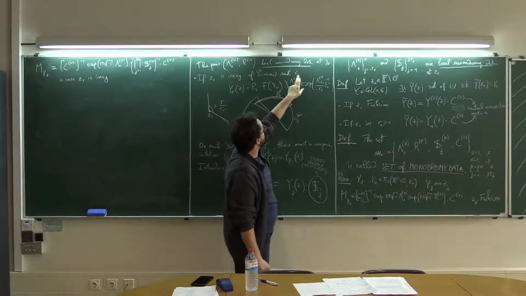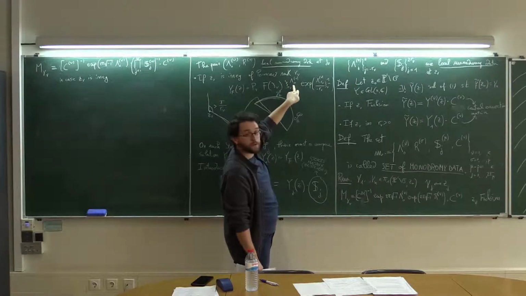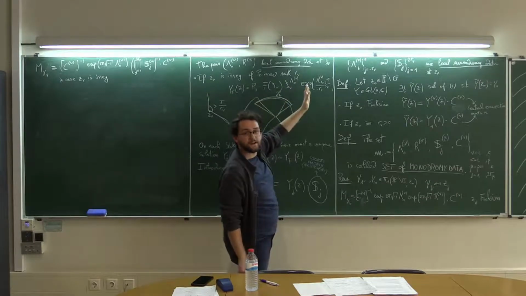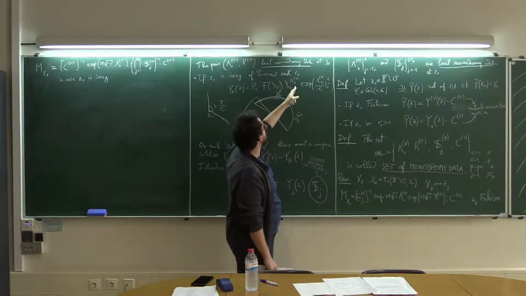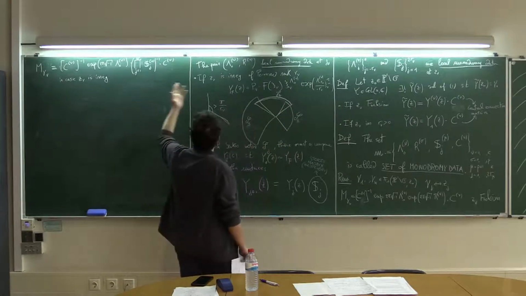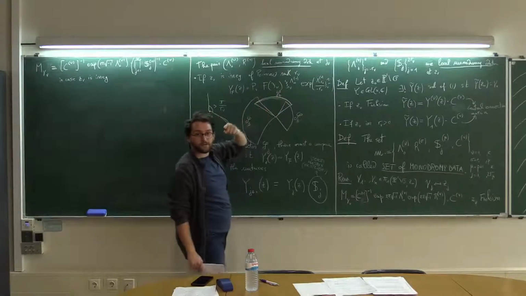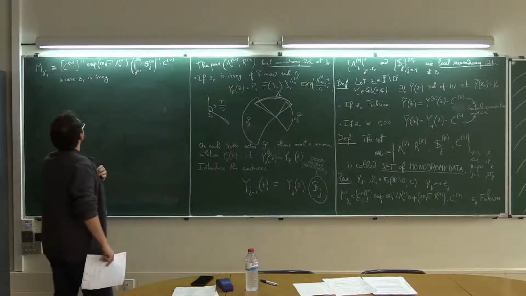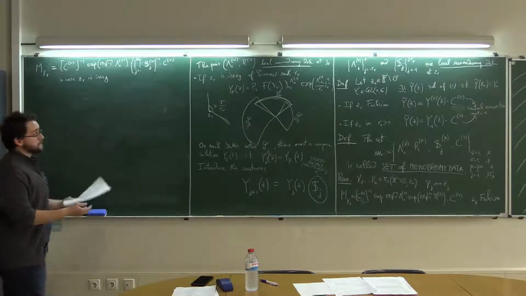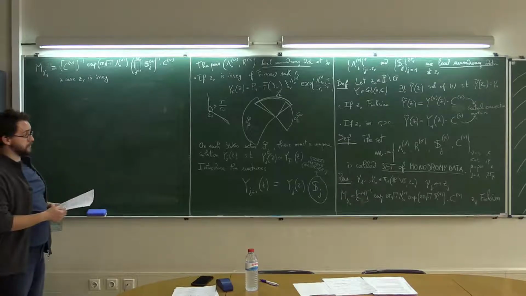These matrices are called formal monodromy exponents because they are the contribution to the monodromy coming directly from the formal solution. Okay, this is just a lot of terminology.